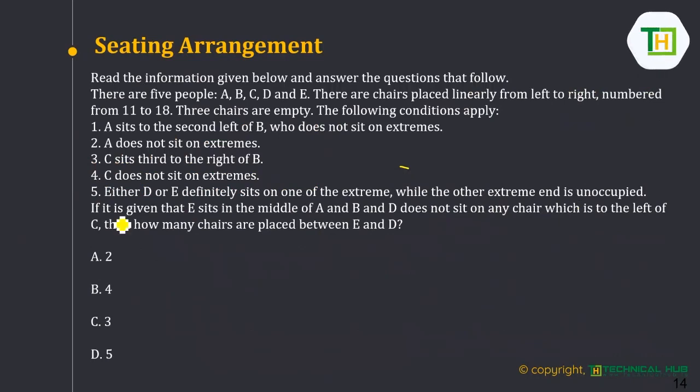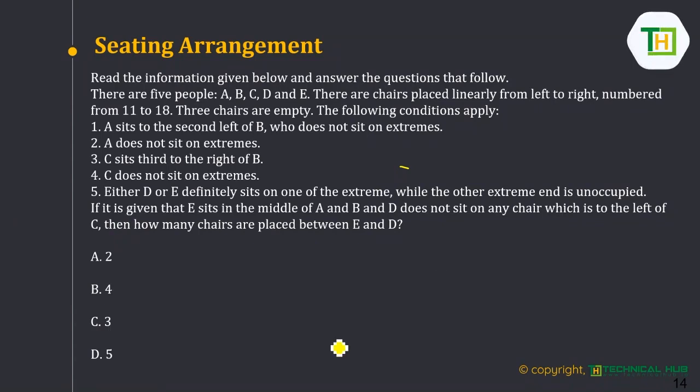If it is given that E sits in the middle of A and B and D does not sit on any chair to the left of C, how many chairs are placed between E and D? The same conditions are given, and here one additional condition is given: E sits in the middle of A and B.